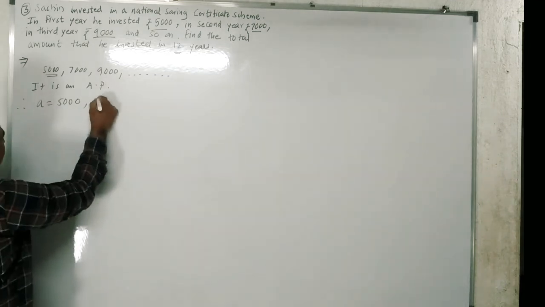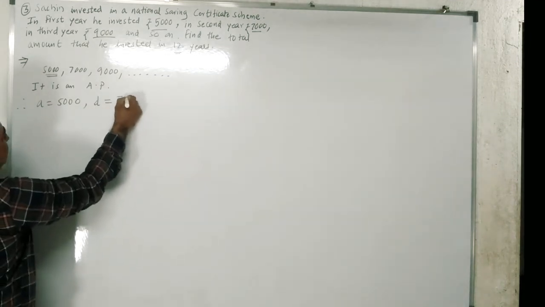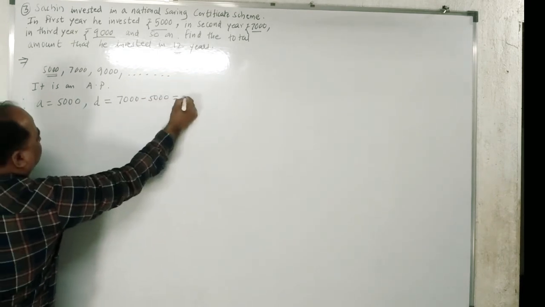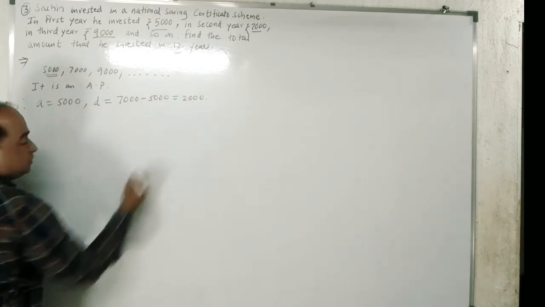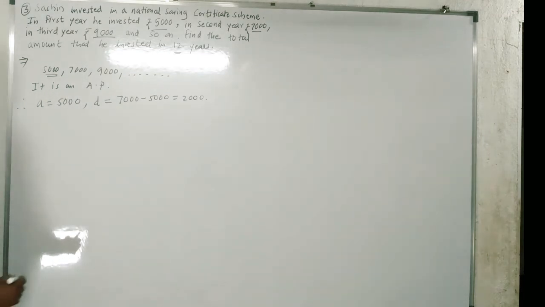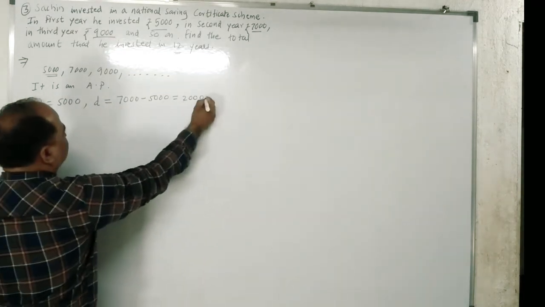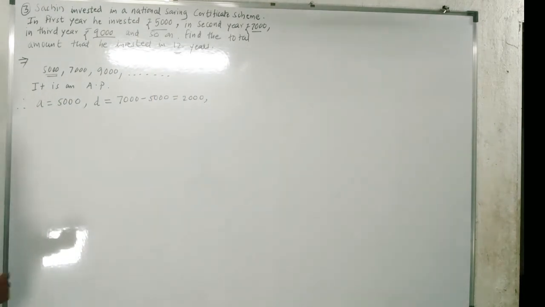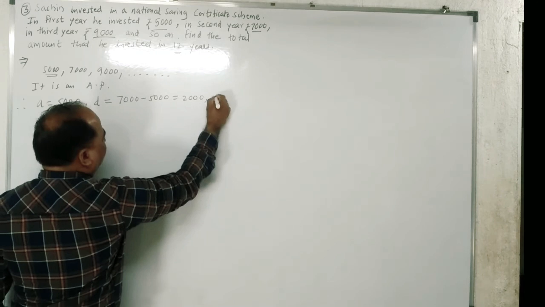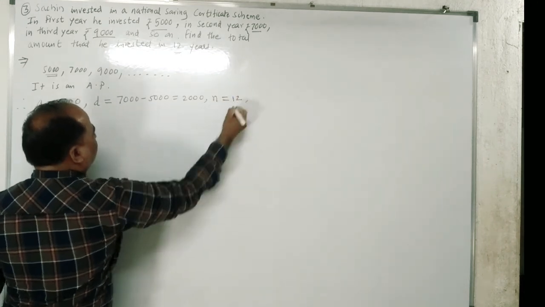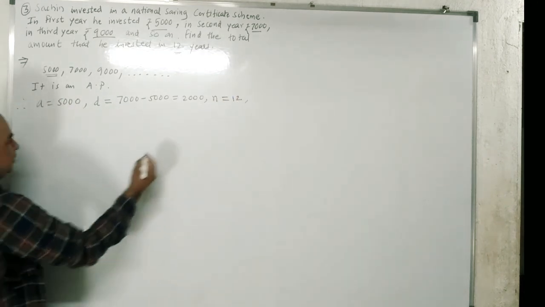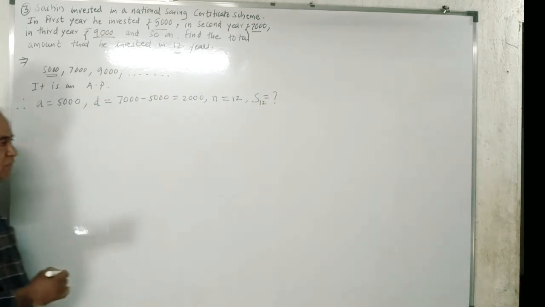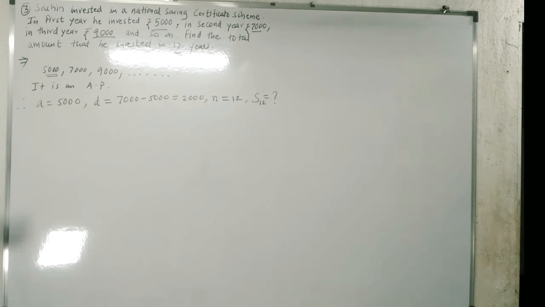Second, D, the common difference, is 7,000 minus 5,000, which is equal to 2,000 rupees. Then the number of years is 12. So here we have to find S12, the total amount invested in 12 years.